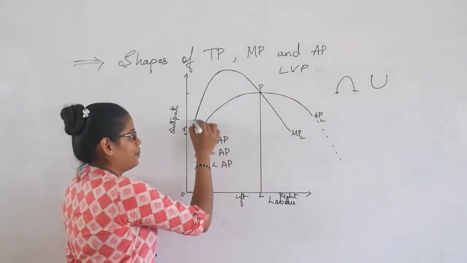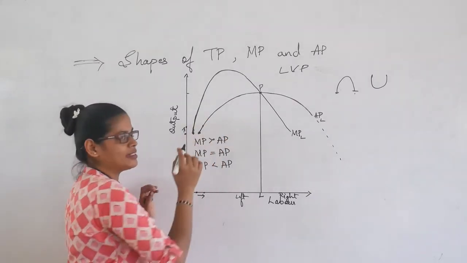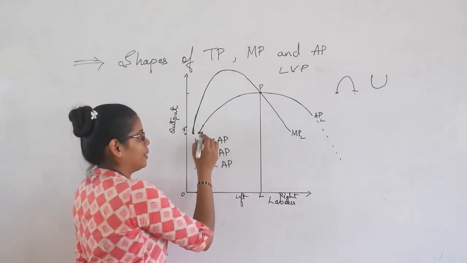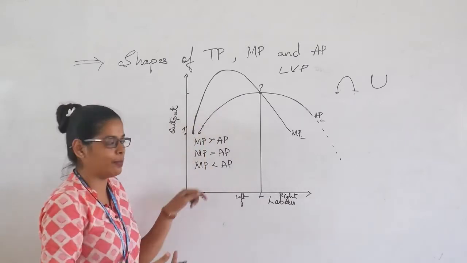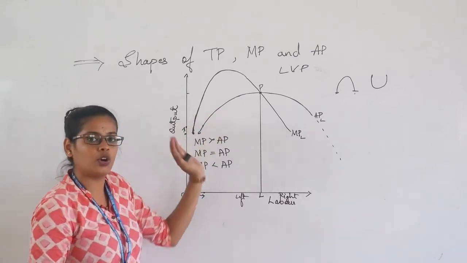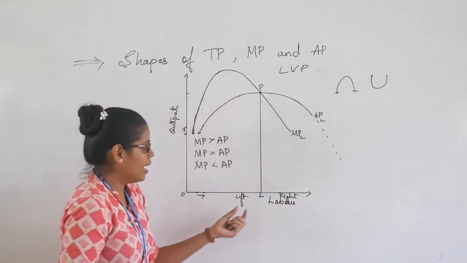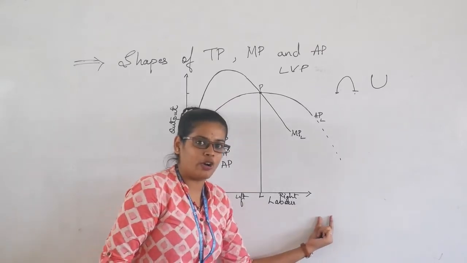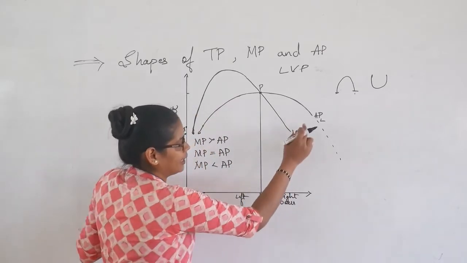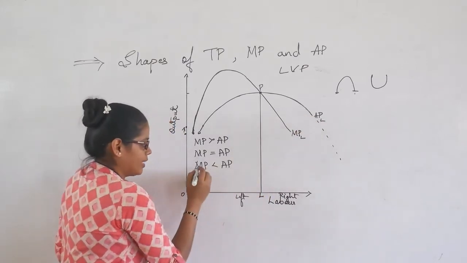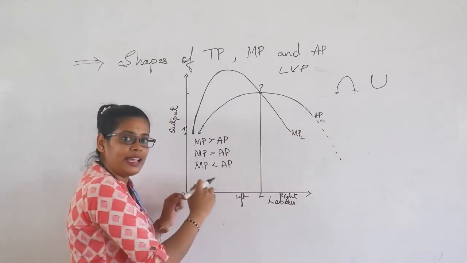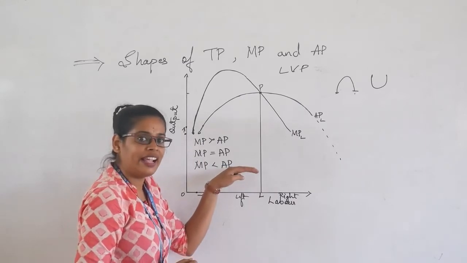As MP increases, there will always be an increase in the AP, but the proportion will not be as much as MP, but there will be an increase. Both will be in increasing order. And towards the right of this L, you can see that AP is greater but MP is smaller. That's the reason MP is smaller than the AP.